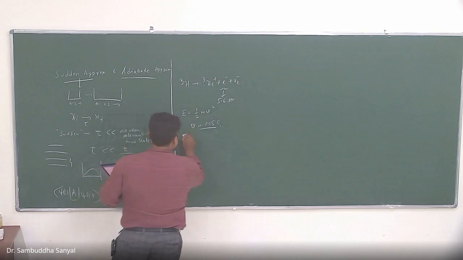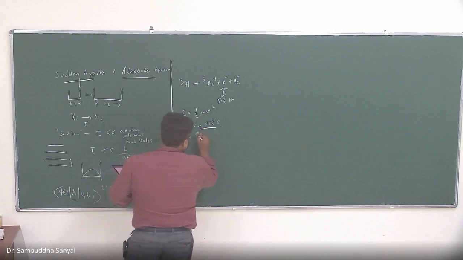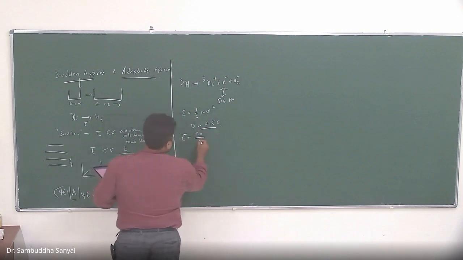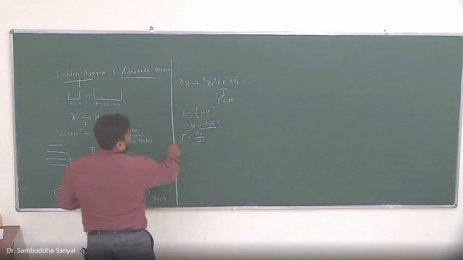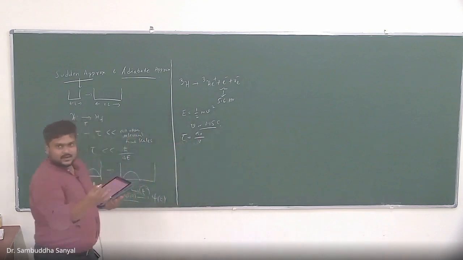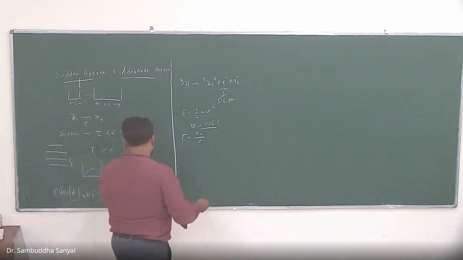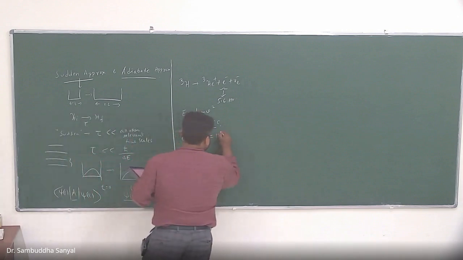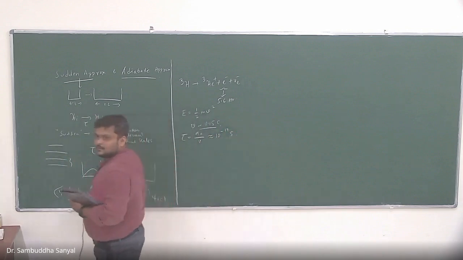And if you calculate the tau corresponding to that, that is a0 by v, where a0 is the Bohr radius. So it is basically the time it takes to escape the dimension of the atom. So this is a semi-classical calculation.